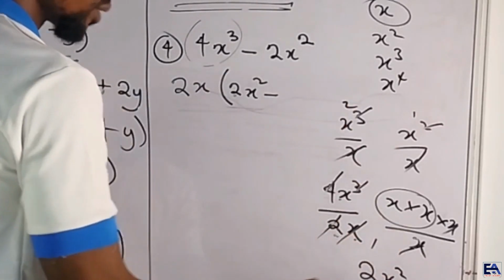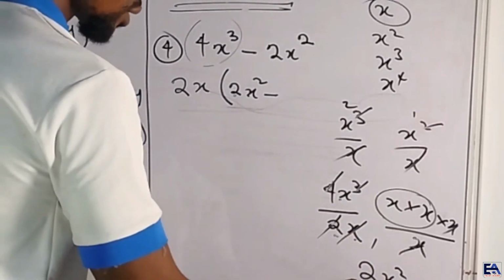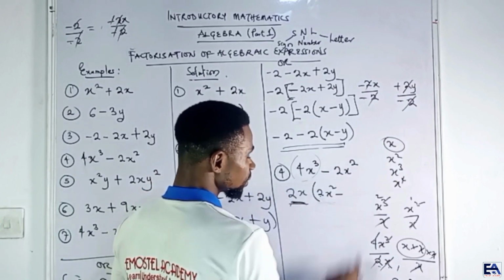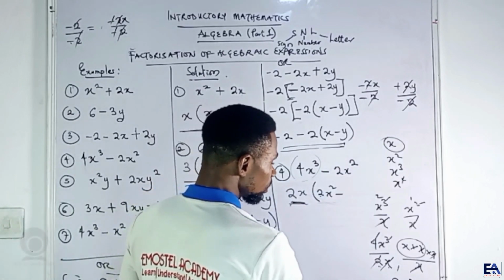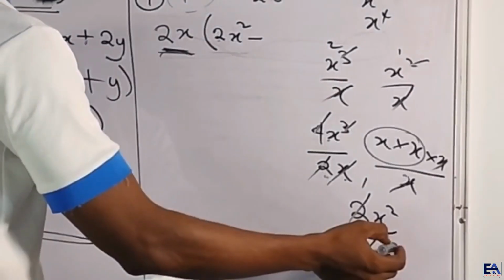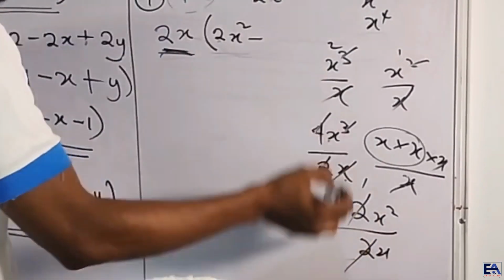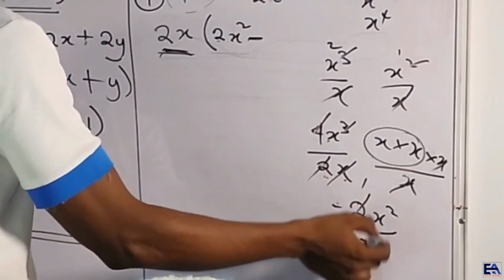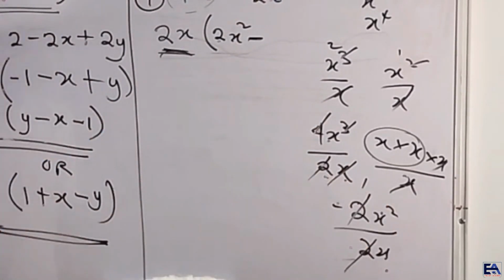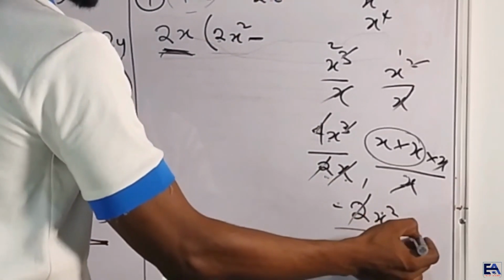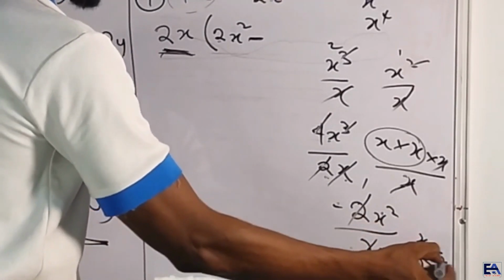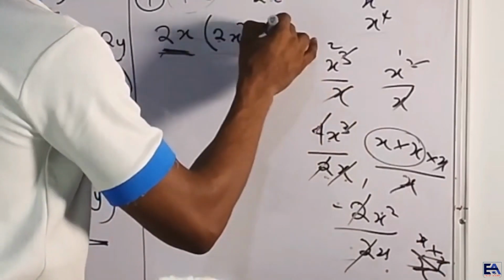you have 2x squared. When you divide 2x squared by 2x, you always use the common factor to divide each of the terms. So 2 cancels 2, no problem. Then minus, because plus divided by plus is plus, the sign stays minus. And 2 cancels 2, so we have x over x squared. X squared means x times x, so when you divide it by x, x cancels x to remain x.